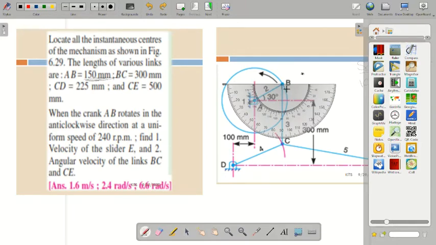Keep the scale at this point. It should be parallel to this line. Mark 90 degree. See, I have marked 90 degree.